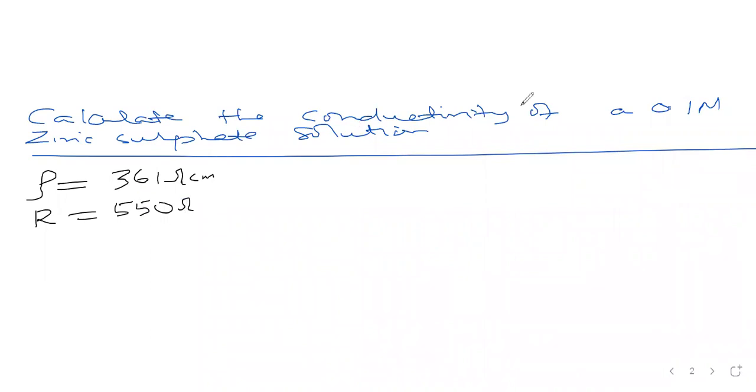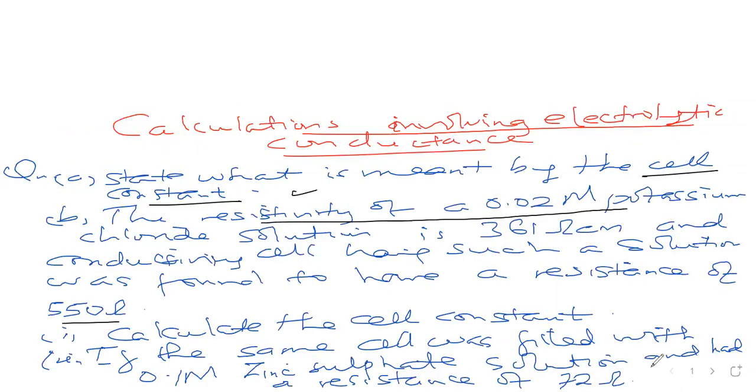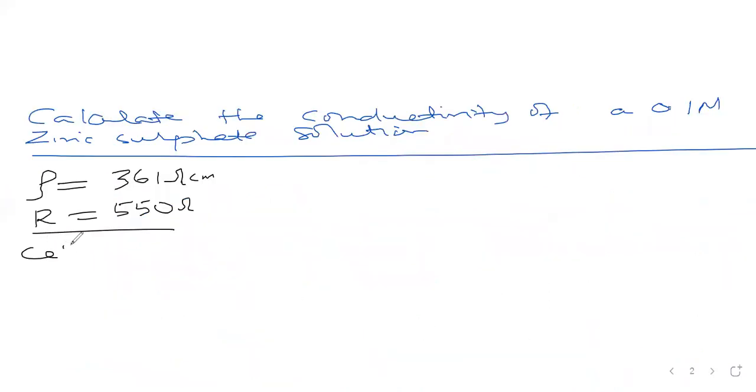So if that is our resistance given to us, the question is asking us to calculate the cell constant. All of you are aware that cell constant is L over A. L is length, A is cross-sectional area.